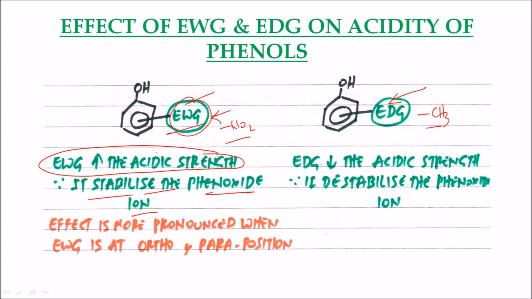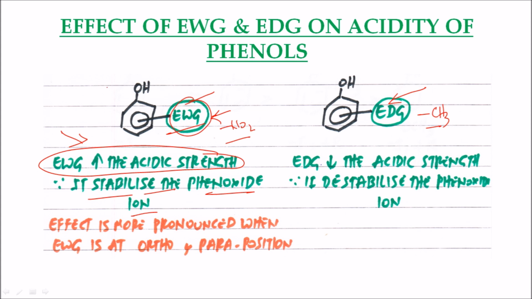So it will be easy ionization if we are having electron withdrawing group present, and easy ionization is nothing but more acidic nature, or acidic strength will be more. So the general conclusion is: if we are having electron withdrawing group, that will increase the acidic strength of phenol.